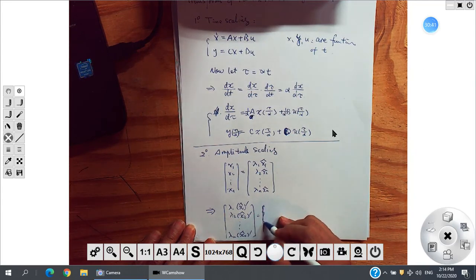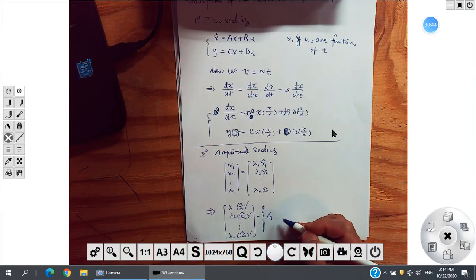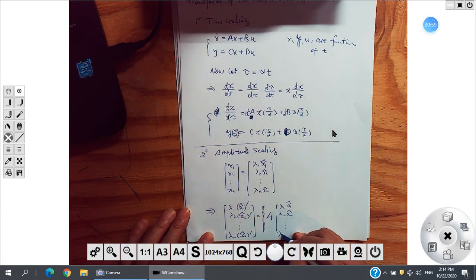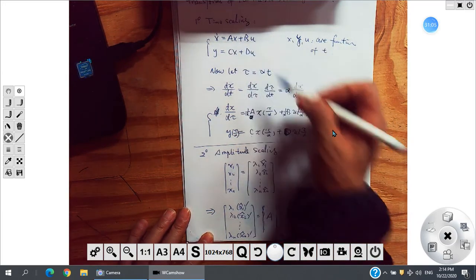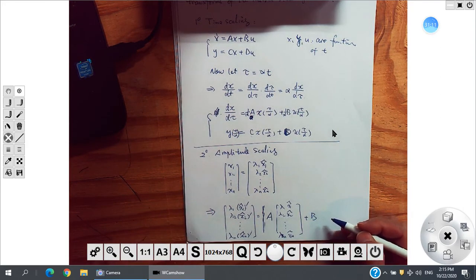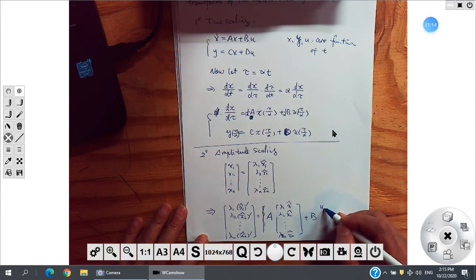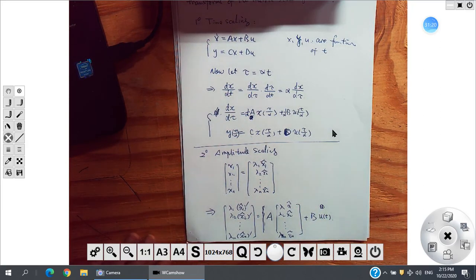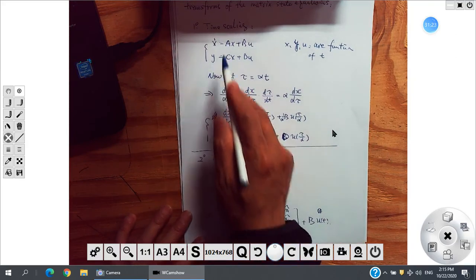A is still a, a constant, but x is now like this: lambda 1 x1 hat, lambda 2 x2 hat until lambda n times xn hat. This is the ax column, and plus b times u. U is the same. I just put u here. The input will be the same.